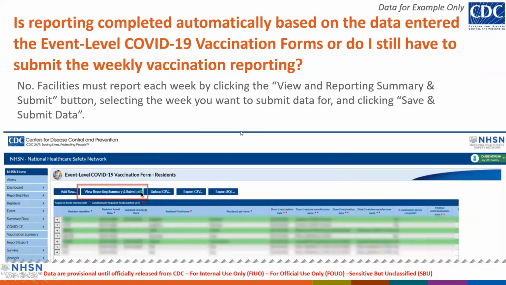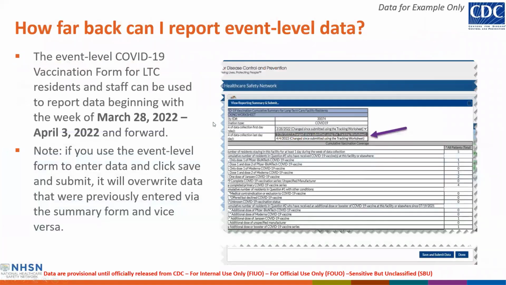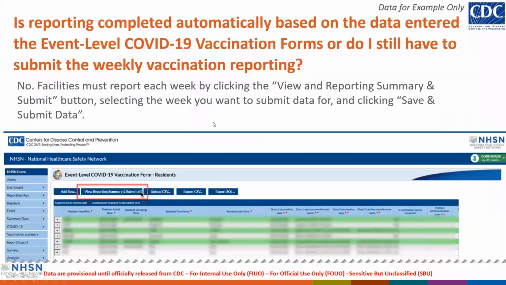So that part won't happen for you because you still need to review the data and make sure that it looks to be accurate before you submit it. So make sure you're logging in at least once a week and submitting for the reporting week of interest. Even if nothing has changed, you would go in and select View Reporting Summary and Submit to report that over.